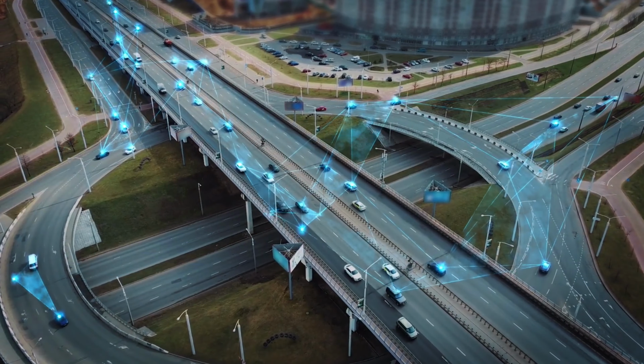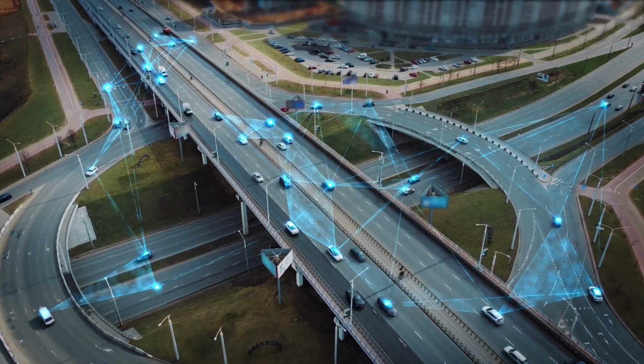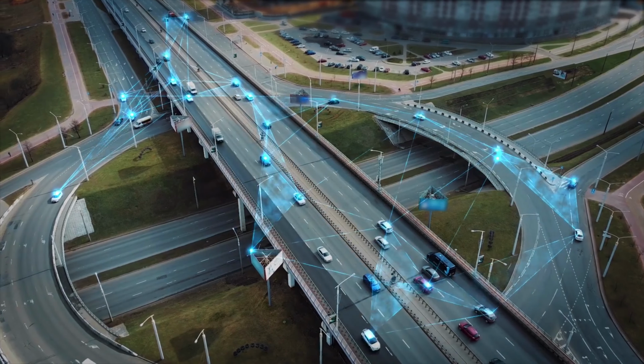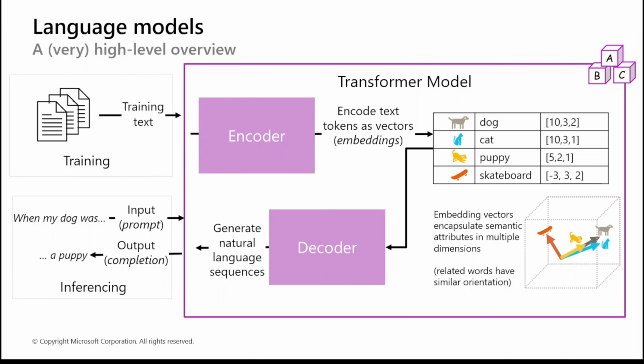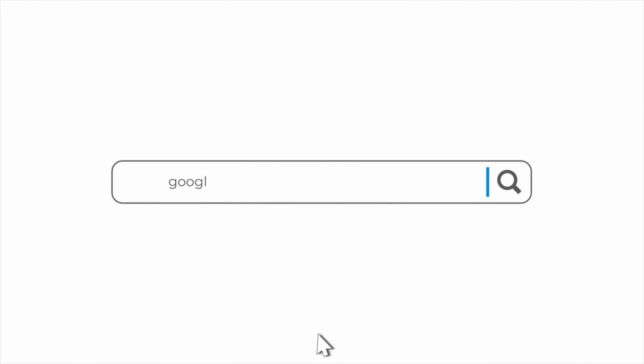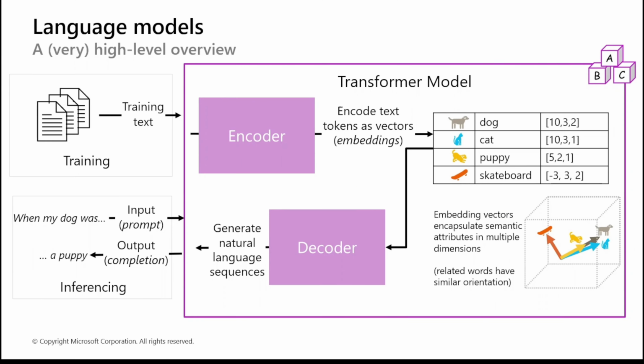In practice, the specific implementations of the architecture vary. For example, the Bidirectional Encoder Representations from Transformers, or BERT, model developed by Google to support its search engine uses only an encoder block to generate semantic vector representations of text, while the Generative Pre-trained Transformer, or GPT, model developed by OpenAI uses a decoder block to generate the sequential nature of language.